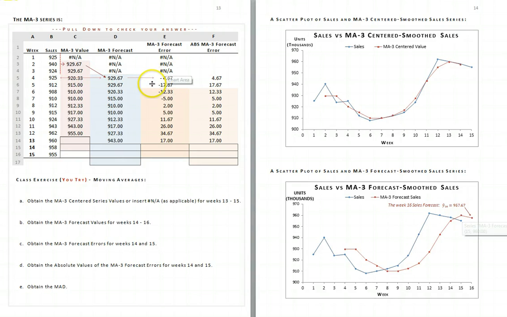We can see these negative forecast errors and positive forecast errors in the MA3 forecast error column on the previous page. To do the homework, you need to know how to produce simultaneous scatter plots. The method is explained on the next page.